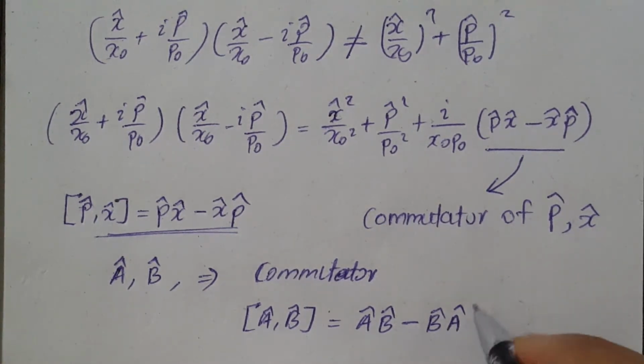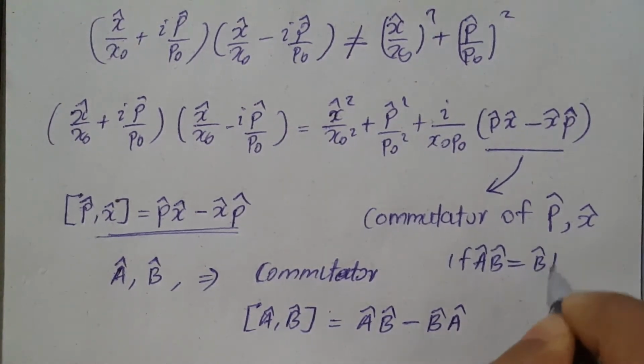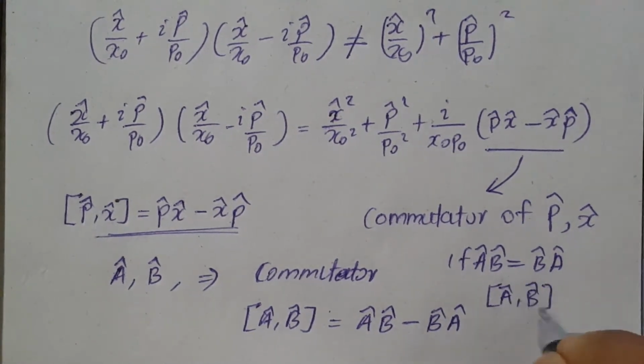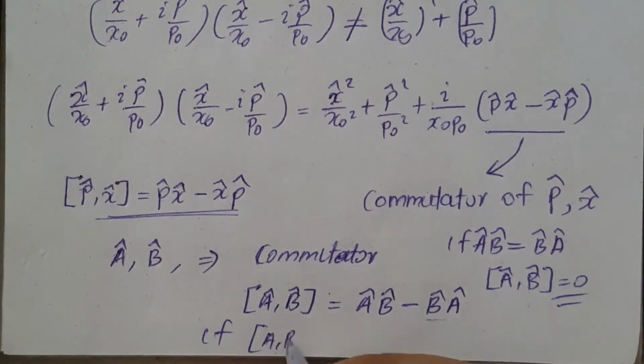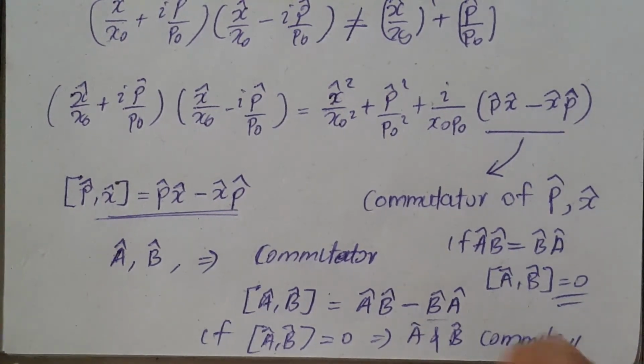Then the two terms will be the same and the commutator will be 0. If the commutator of a cap and b cap is equal to 0, we say a and b commute. Okay, so that's about the commutator.